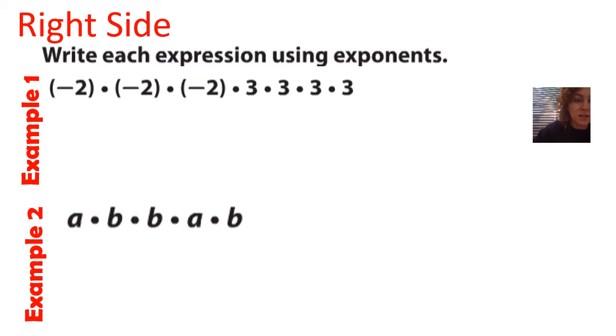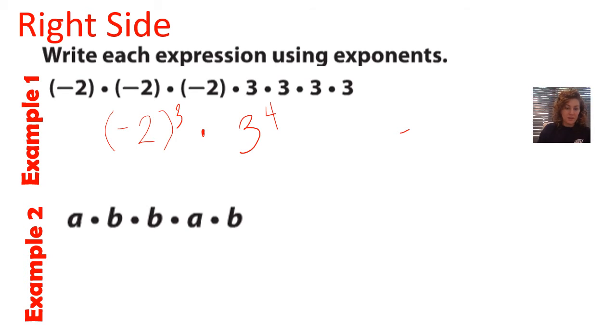So -2 is going to be my base, and the number of times it's repeatedly multiplied is going to be my exponent. So it's repeatedly multiplied 3 times. So 3 is going to be my exponent. Then I have 3. 3 is another base, and it's repeatedly multiplied 4 times.